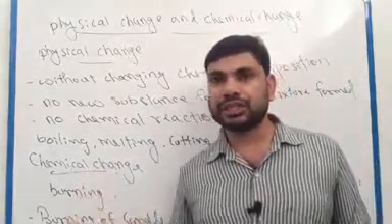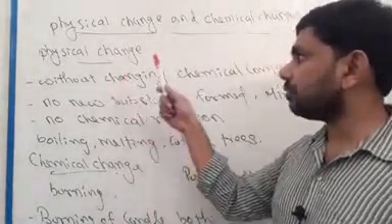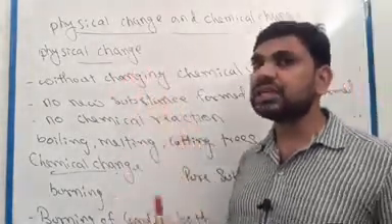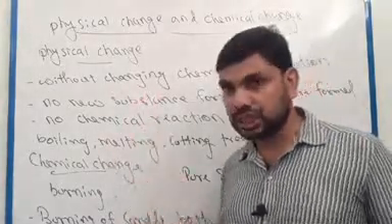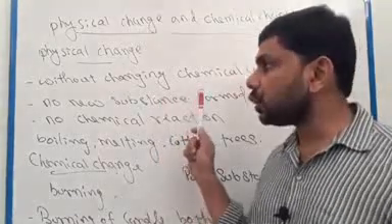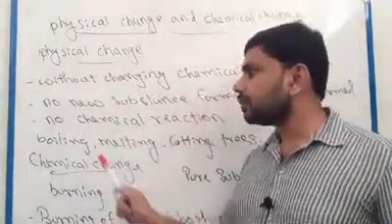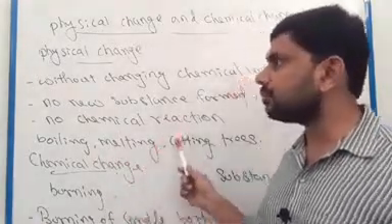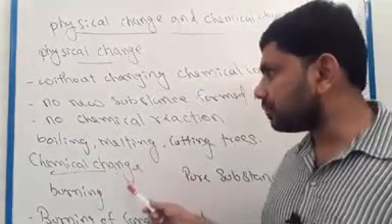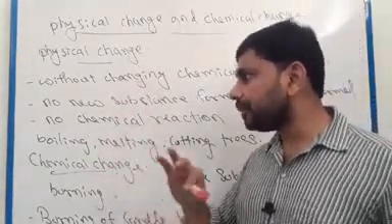So here we discussed physical change. Physical change means there is no chemical composition change, no chemical reaction, and no new substance formed. Boiling, melting, freezing, cutting of trees are examples of physical change. Then chemical change: a new substance will be formed and there will be a chemical composition change.